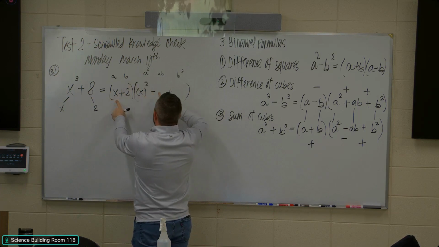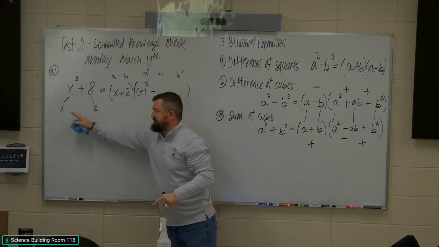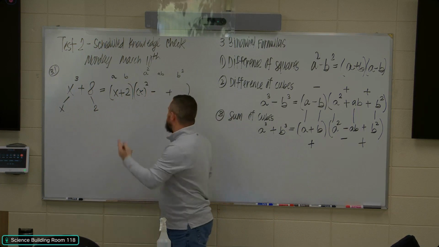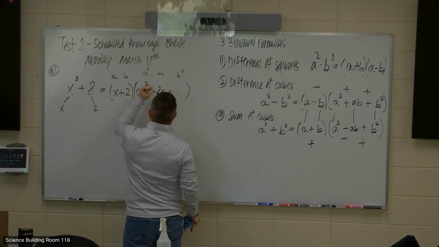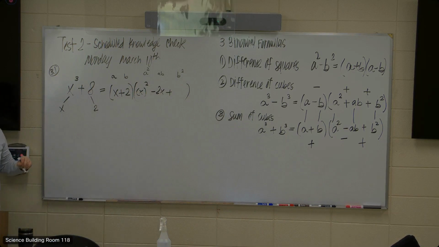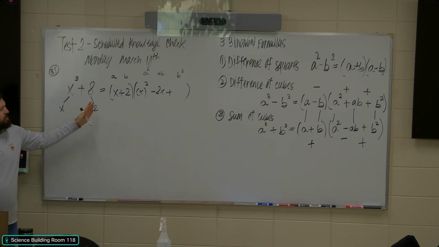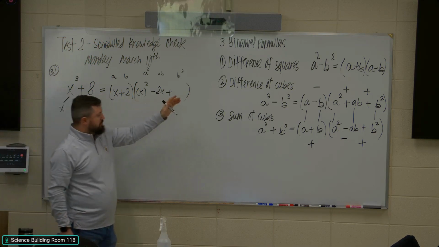Okay? Right here, in the middle, we need to multiply the two things together. So that would be 2x. And then on the end, I need to square the 2.